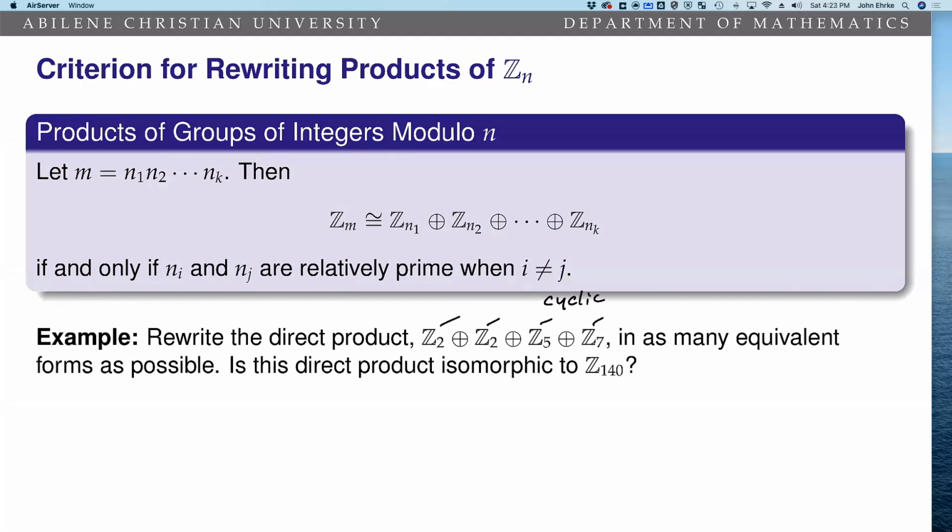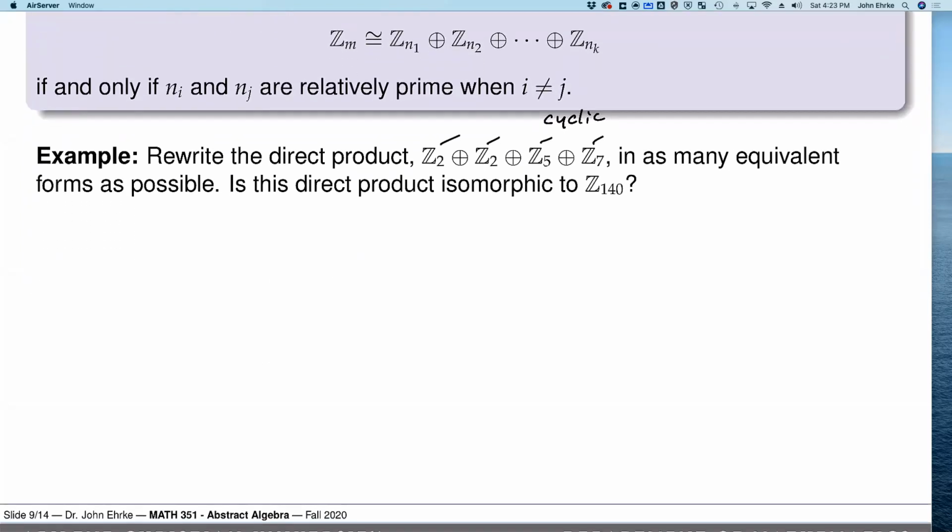Is the direct product of these cyclic? And then we're going to look at different ways to rewrite it. So let's break it down step by step. If I looked at Z2 product Z2 product Z5 product Z7, remember I can only combine if the orders of the groups are relatively prime.